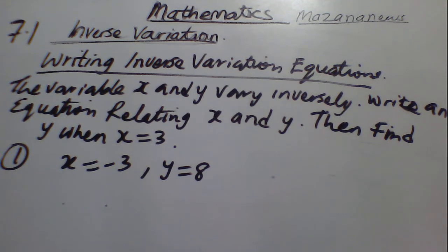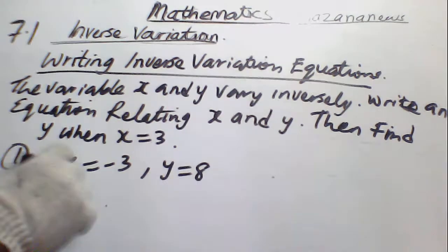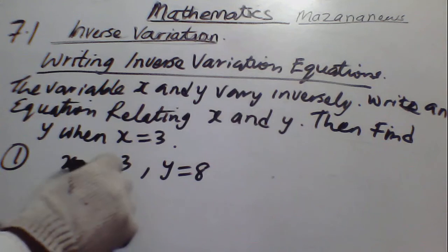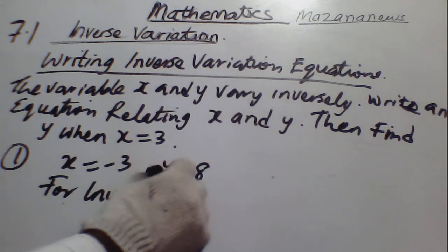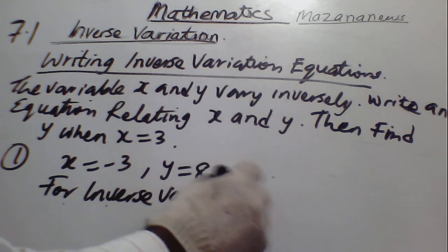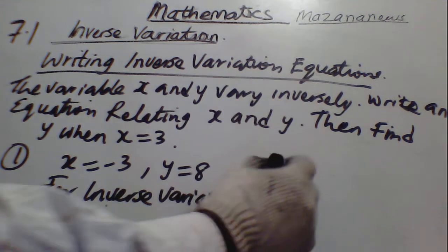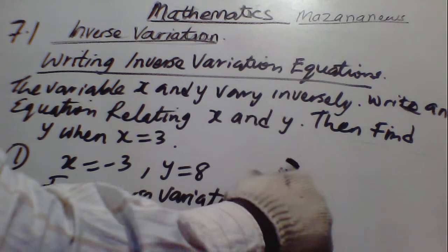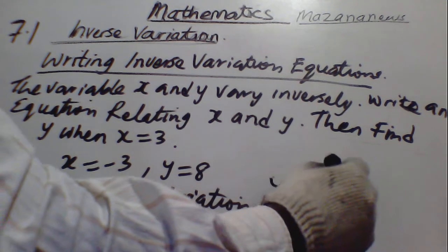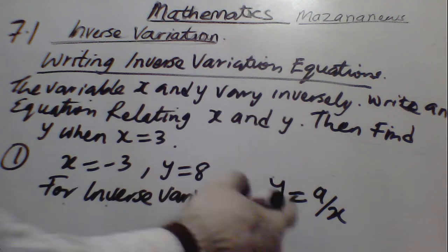You are required to write an equation relating x and y and then find the value of y when x is 3. So the first thing is to state the relationship between them. For inverse variation, y is equal to what? This is an inverse, a over x, or what?